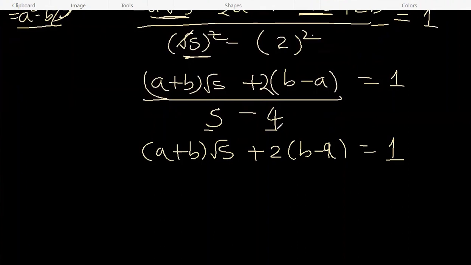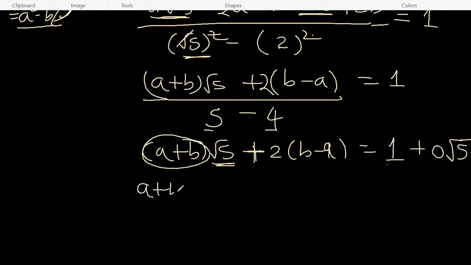Now, if you look at these two, can I write this as 1 plus 0 square root 5? There's a special reason behind that. Because square root 5 will not become a complete integer by adding something. That means this a plus b is equal to 0.